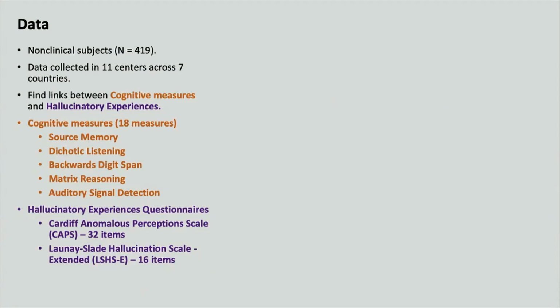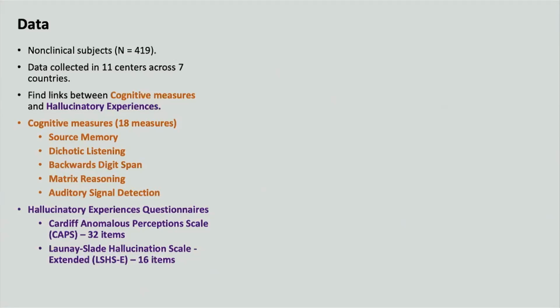One of them is CAPS, the Cardiff Anomalous Perception Scale, and the Launay-Slade Hallucination Scale, the LSHS. So you basically have 48 items and 18 measures. Now we are trying to find a relationship between the 48 questionnaire items and the 18 measures.